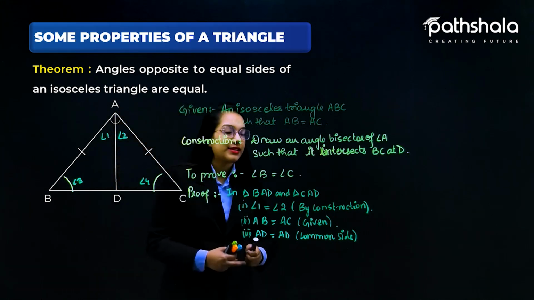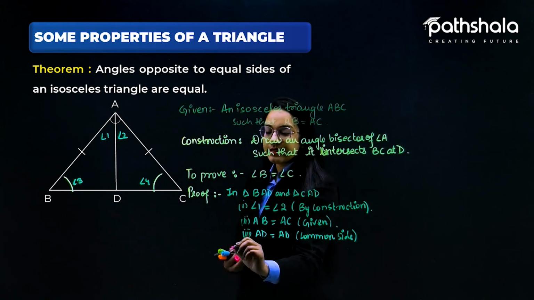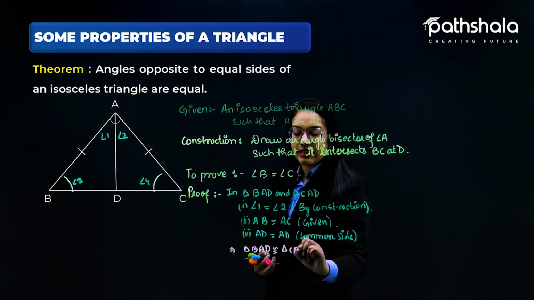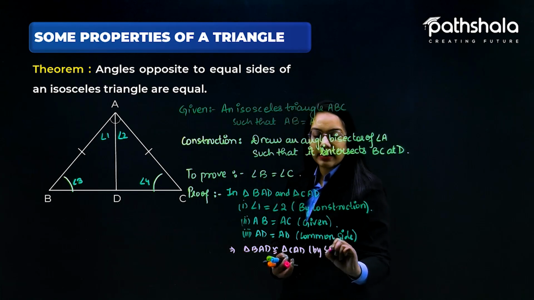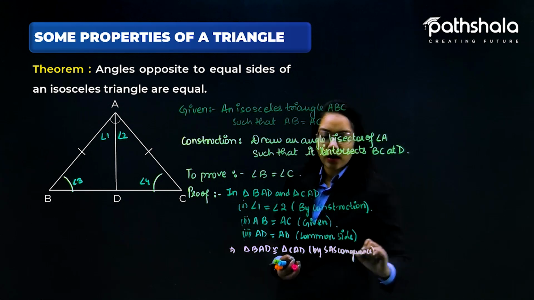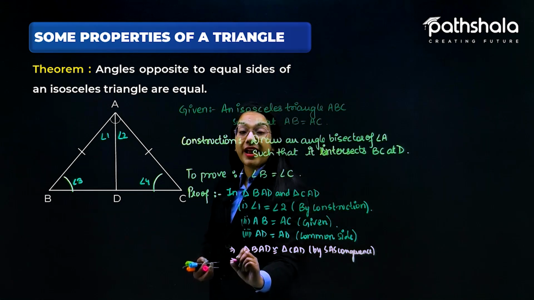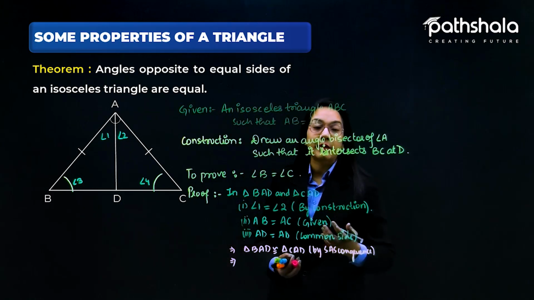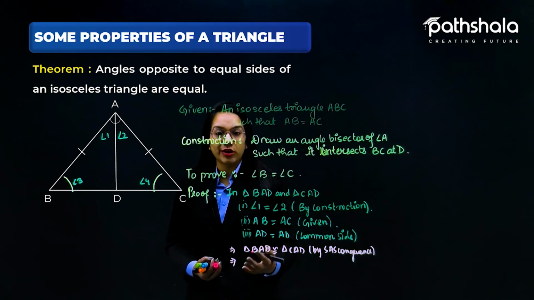As per the SAS congruence, triangle BAD is congruent to triangle CAD by the SAS congruence criteria. If the two triangles are congruent to each other, what does it imply? It implies that their corresponding angles, sides, or corresponding parts are equal to each other.